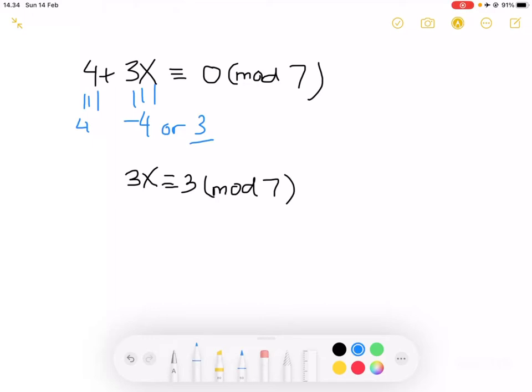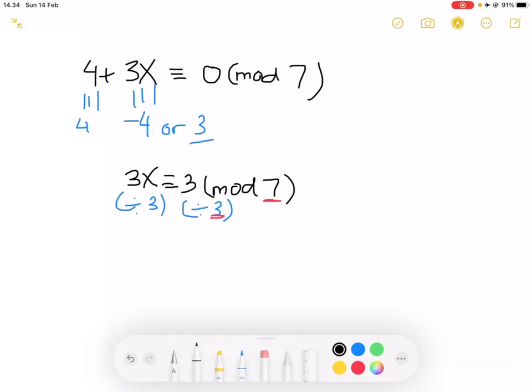Then we can divide by 3 on both sides, since the number we're dividing by is coprime with the modulus. You can search on YouTube or Google about why this is true, and there's a proof about that.